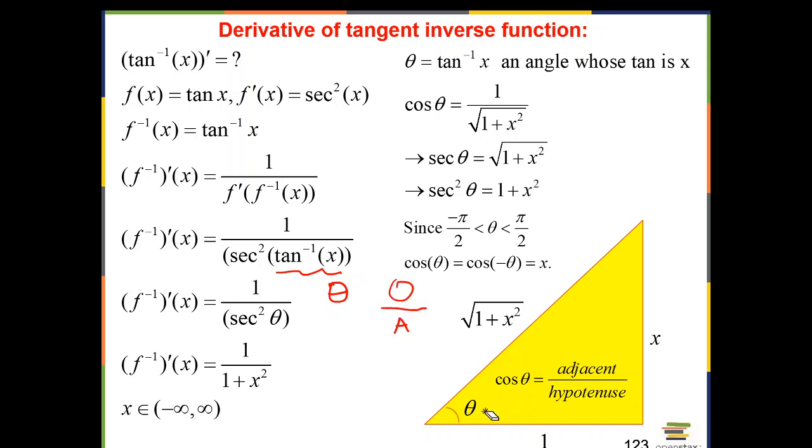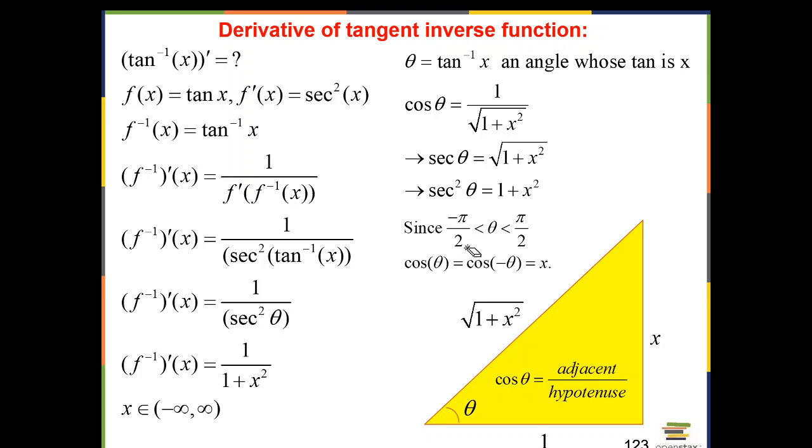So if the angle theta wants to have a tangent equal to x, if you make this x and make this 1, it works, right? So this angle now has a tangent of x. So instead of tangent inverse, we put theta. We mean this theta, right? And now, what is secant squared of theta?